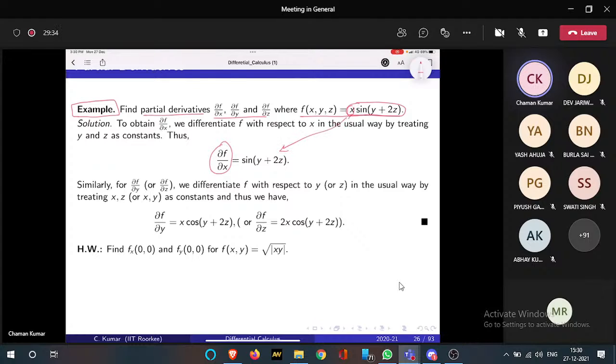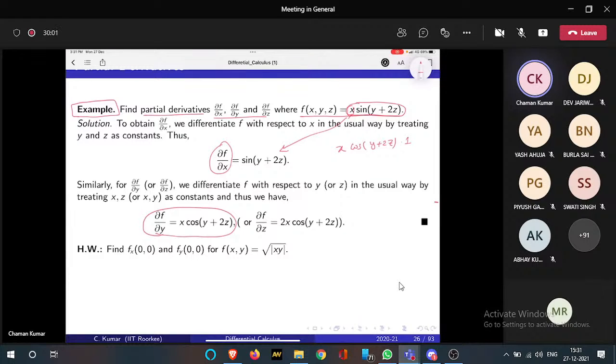Similarly for the other variables. Derivative with respect to y means x and z are constant. So you have x, the derivative of sine will be cos(y plus 2z), and z is constant. When you use the chain rule, you get the derivative of y as 1.